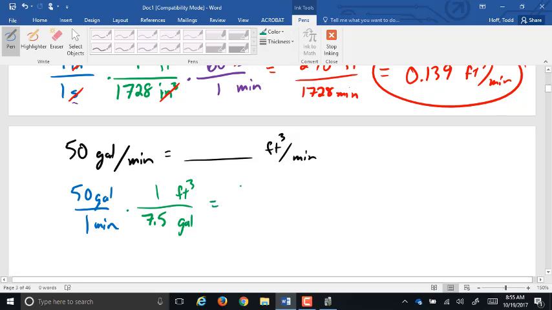Good. That gives us 50 gallons, or sorry, 50 cubic feet over 7.5 minutes. The gallons cancel out. We divide that out, and that's going to be, what, 6.67 cubic feet per minute.